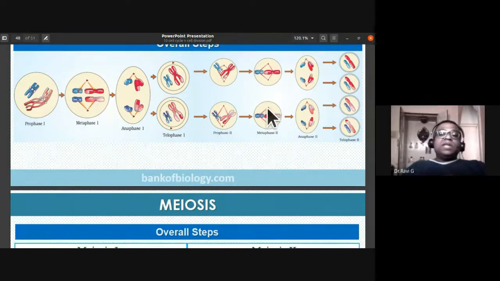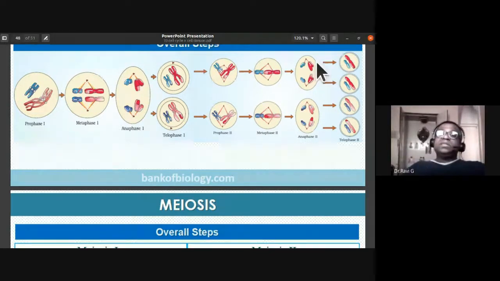Now the asters with the spindle fibers are attached to both sides of the centromere. It is like a tug of war, and the centromere splits longitudinally, separating the sister chromatids, and these sister chromatids move towards the opposite pole. Single sister chromatid with centromere moves towards the opposite pole.